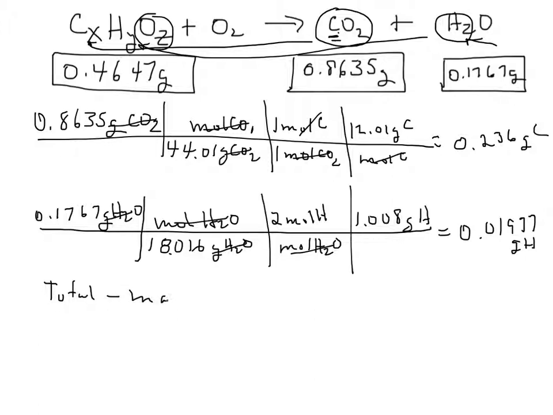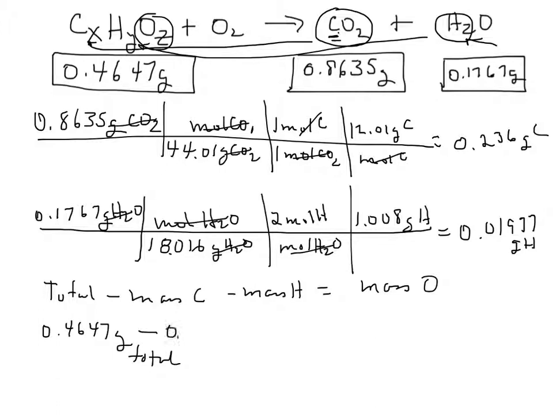So if we subtract the mass of the carbon and subtract the mass of the hydrogen, we would have the mass of the oxygen. When we do that, that tells us that we have 0.211 grams of oxygen.